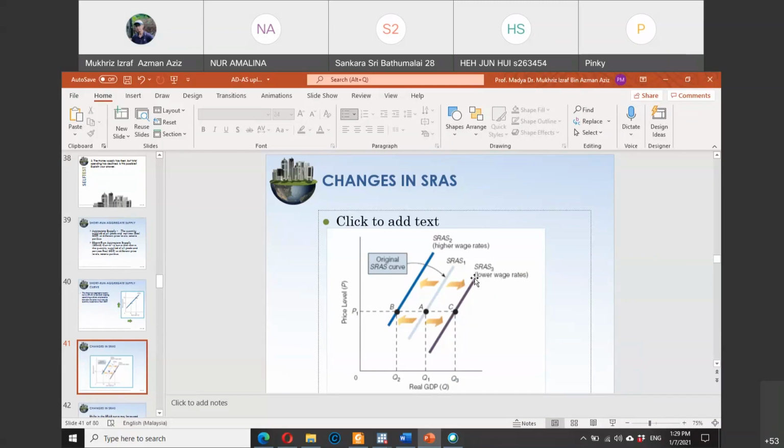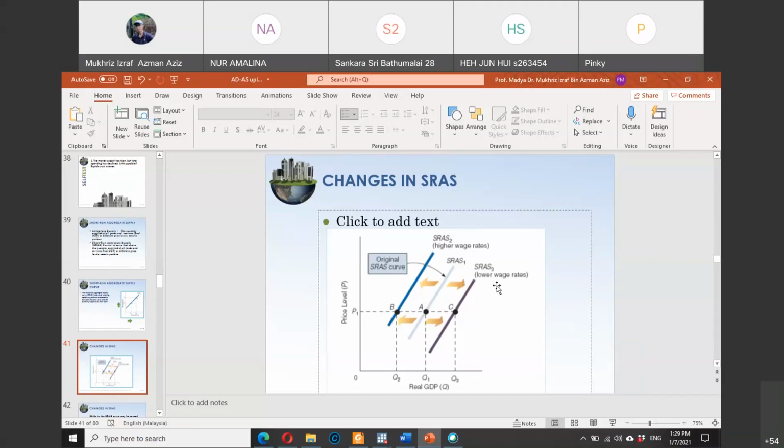So output will increase. Whenever the supply curve shifts to the right, it means that at the same price level, quantity produced will increase. How does the supply curve shift to the right? For example, when wages become lower.